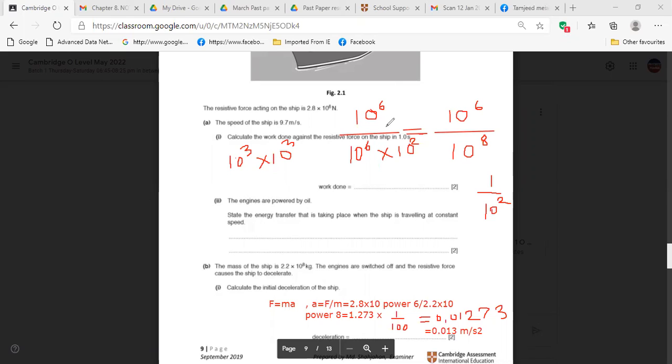Look here, we have this power left, right? 10 to the power 6 and 10 to the power 8. Other than 1.273, we have this one left. So if we calculate it, it comes like this, 1 by 10 square or 1 by 100. 10 square means 100, right?